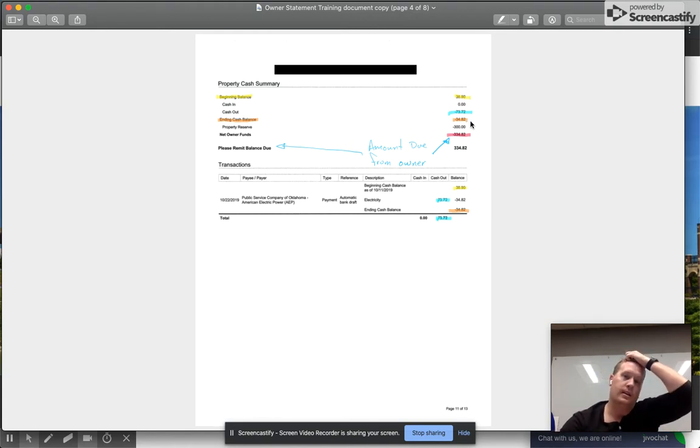So there's negative $34 in the bank. When you subtract also the reserve, that leaves a $334 balance and some change due to the management company from the owner. So again, this orange number is a running cash balance here on the right side, and that's negative 34 plus the reserve.